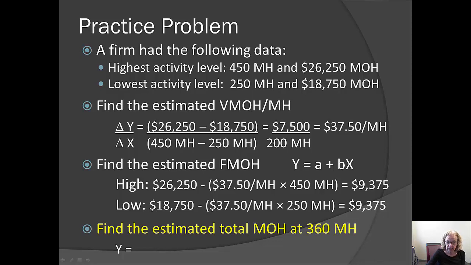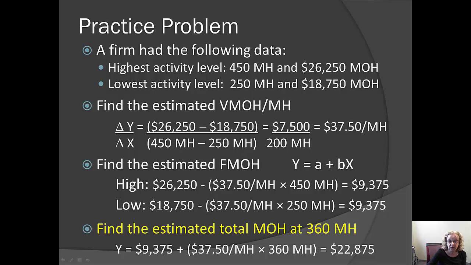We're trying to predict y, which represents the total cost, and we believe that that is equal to the fixed cost plus the variable cost per machine hour times the number of machine hours. Crank it out, and it tells us that we would predict $22,875 of total cost in the coming period.